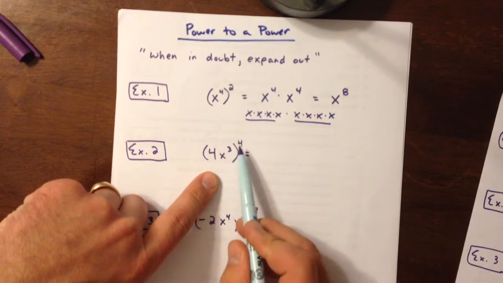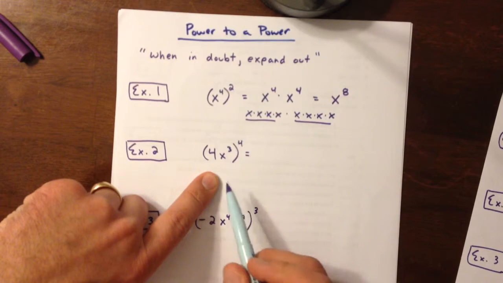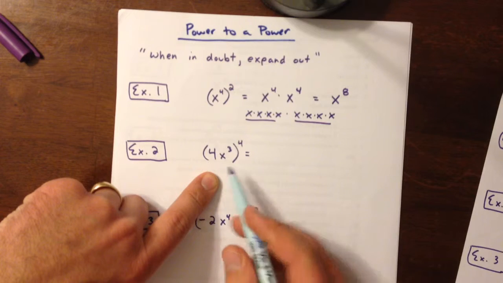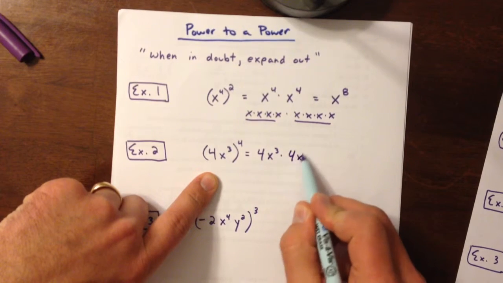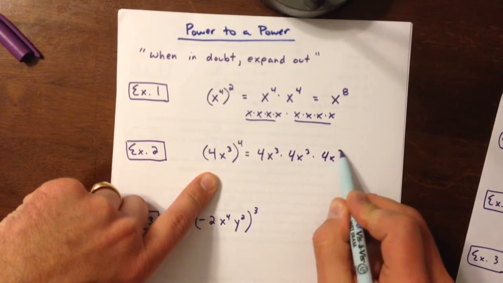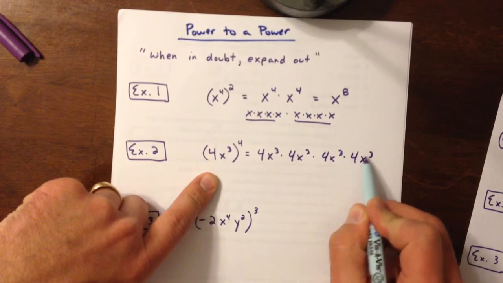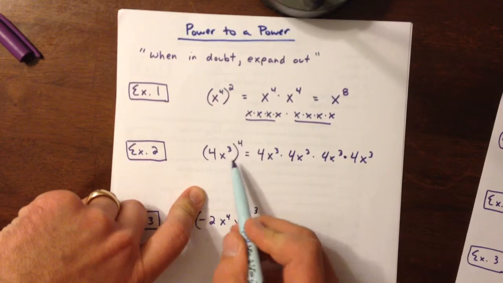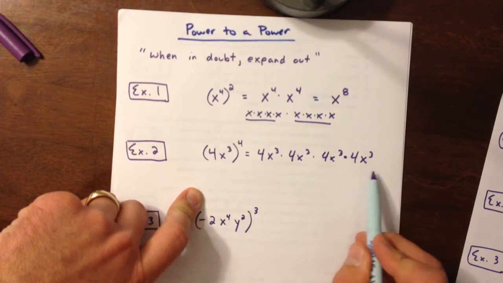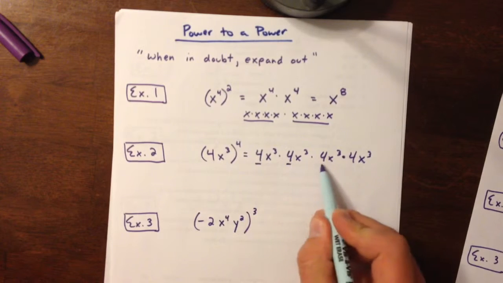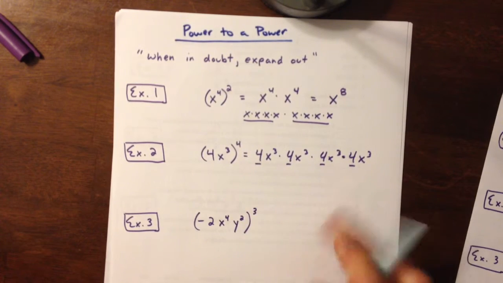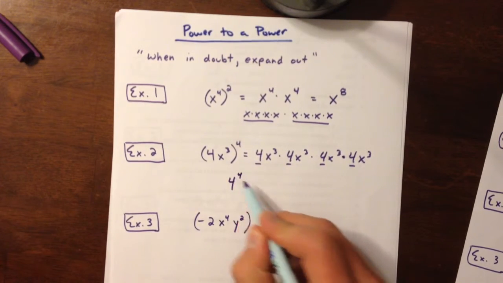Same thing down here. So what does this to the 4th power mean? This is 4x to the 3rd times 4x to the 3rd, 4 times. To the 4th power means multiply whatever's inside of there 4 times. So if you think about this, I have 4 multiplied 4 times, so that's just 4 to the 4th.